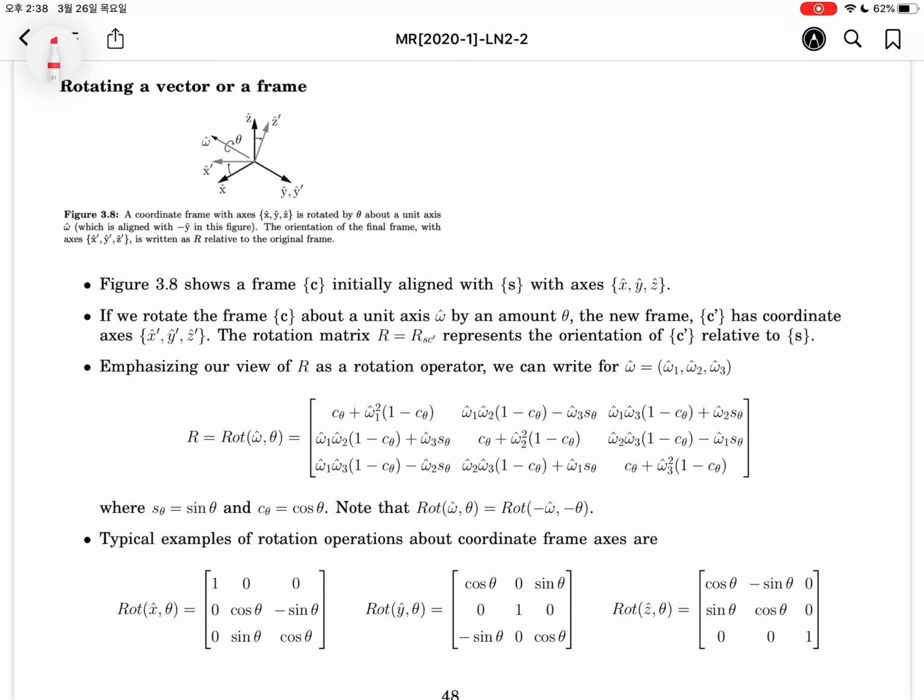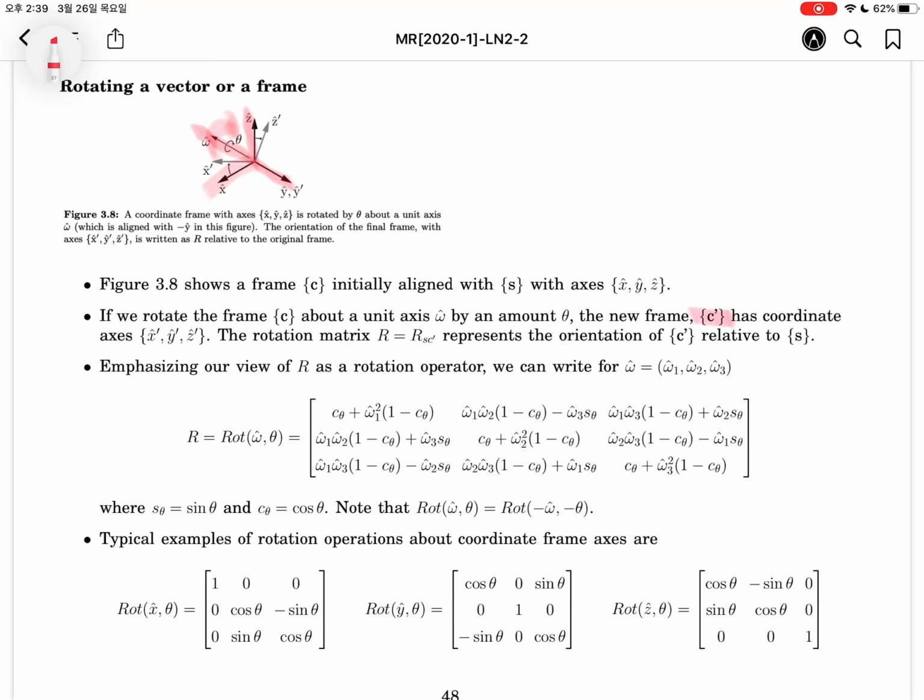Okay, let's assume that we have the reference frame X, Y, and Z. Let's assign the rotation axis omega hat and the rotation angle theta, just like a screw axis, as a screw motion. In this case, we have the new coordinate C prime.